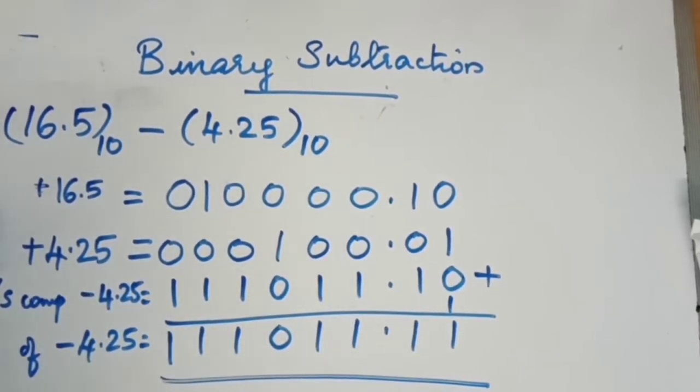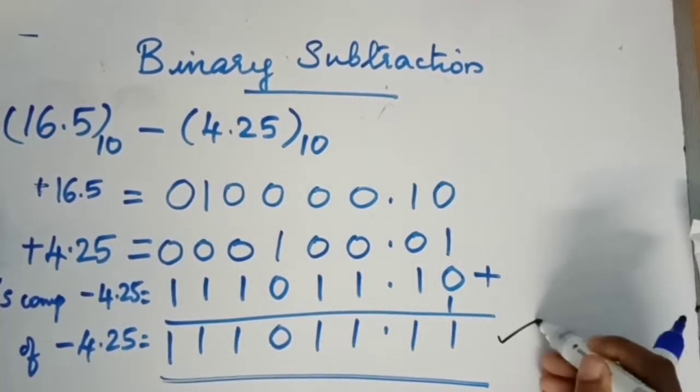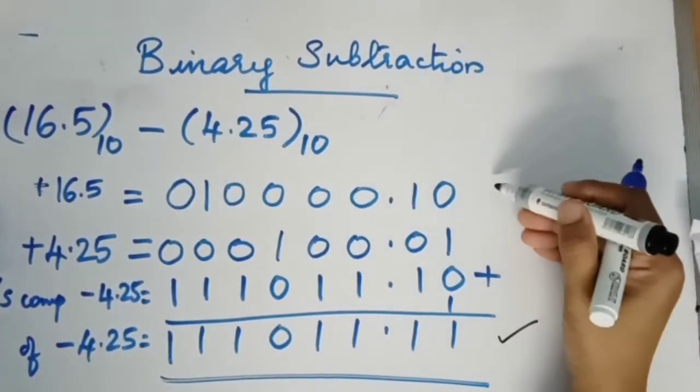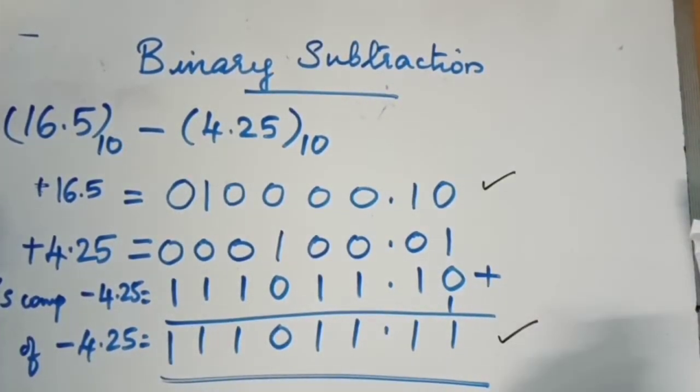So now we have the 2's complement of minus 4.25 and 16.5. These two you will add.